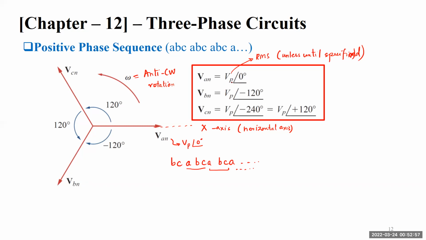So the phasor VAN is VP angle of 0. Then VCN is VP angle of 120 degrees, or we can call it VP angle of minus 240 degrees. Both are fine. Then VBN we can call VP angle of plus 240 degrees, or VP angle of minus 120 degrees.